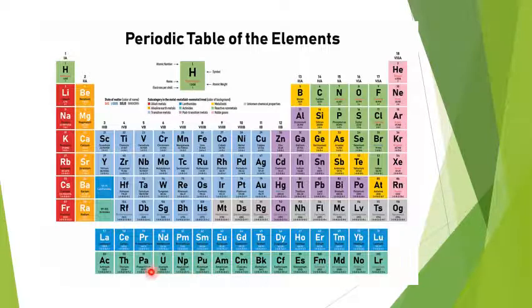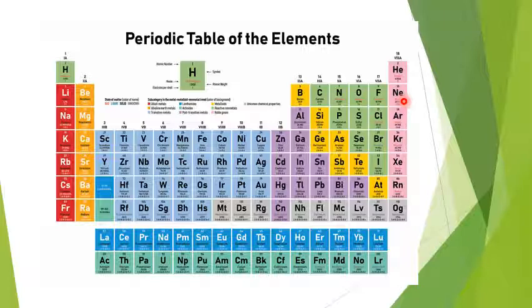Now you'll notice this blue square, number 57, is actually where these guys belong. So we take them out so that the table doesn't extend too far to the right. So we just bring them down here. The first 2 and the last 6 columns are called the representative elements.